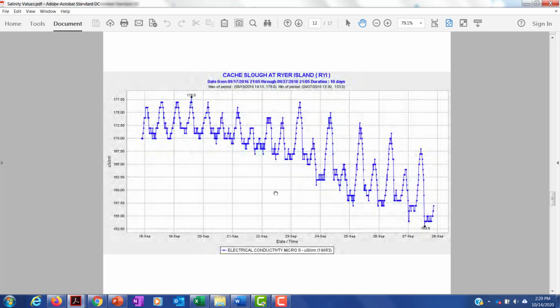So where you get the data is from this stack of conductivity data. Each of these graphs shows the date and the time at the bottom, and on the y-axis is the microsiemens per centimeter. That's just a measure of how conductive the water is. And so for each station, this one is Ryer Island, RYI, September 24th.